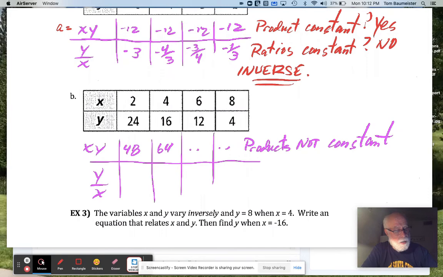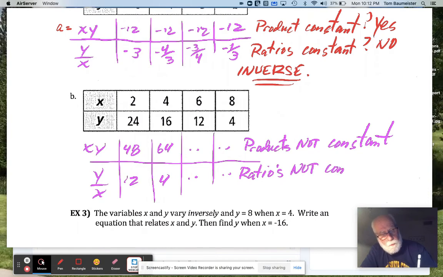Well, 24 divided by 2, that'll be 12. 16 divided by 4, that's going to be 4. So again, I don't have to go any farther because we can already tell that our ratios aren't constant. Not constant. So on this one here, we can say the answer is neither.